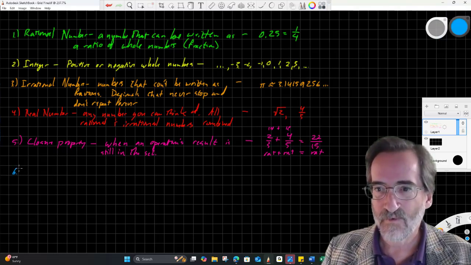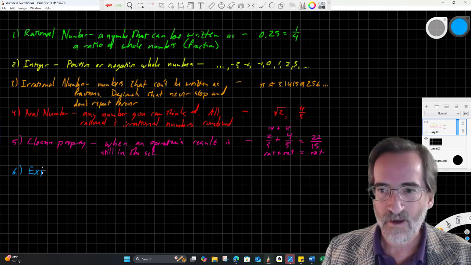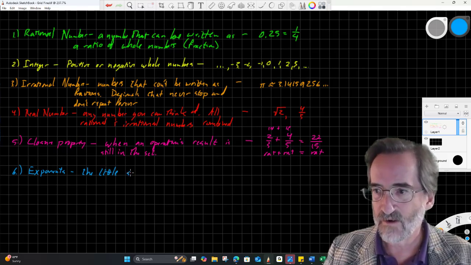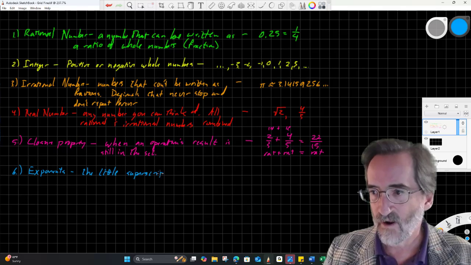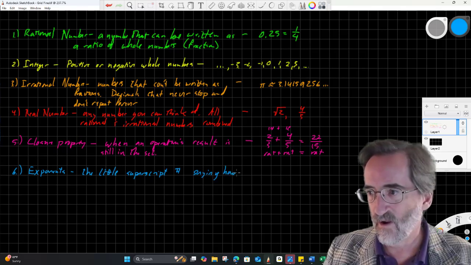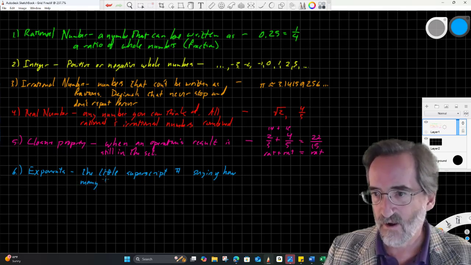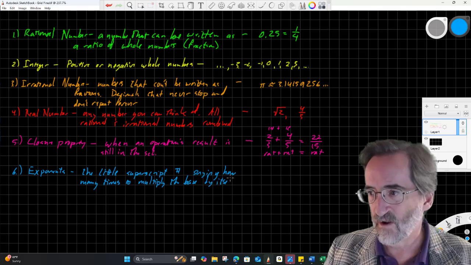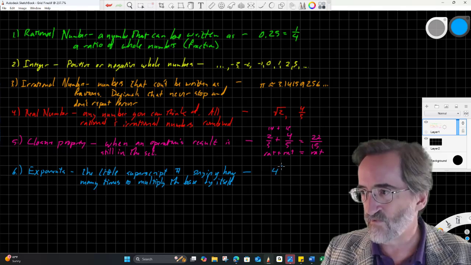Six. Exponents. The little number, or little superscript number, saying how many times to multiply the base by itself. 4 to the 5th, 4 times 4 times 4 times 4 times 4.